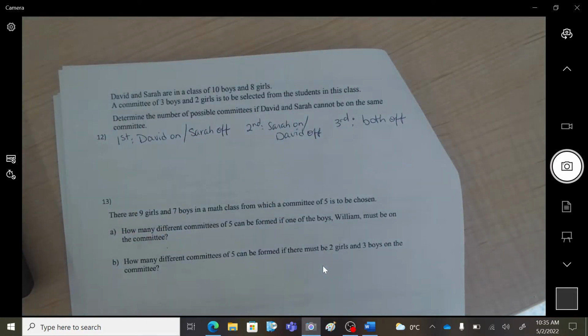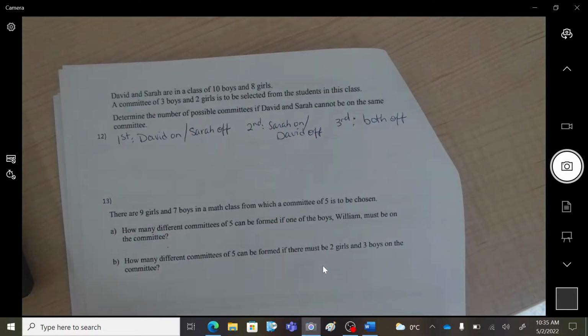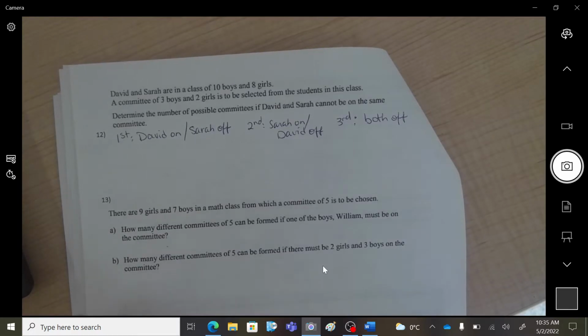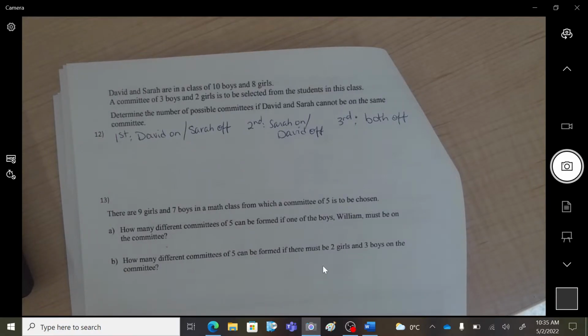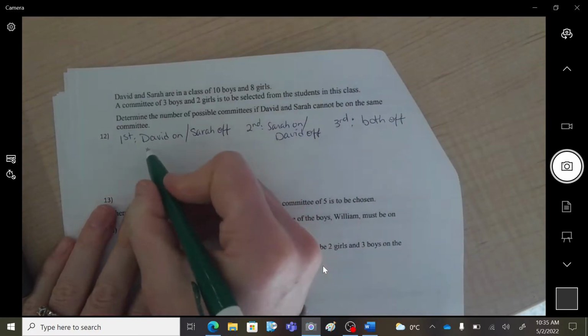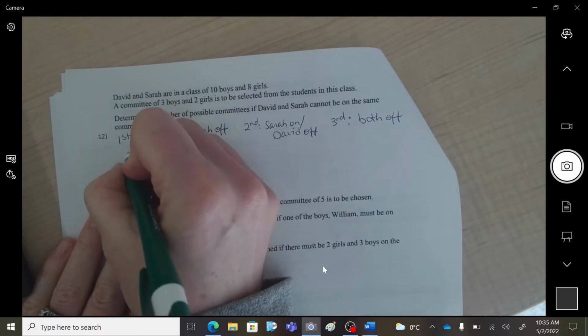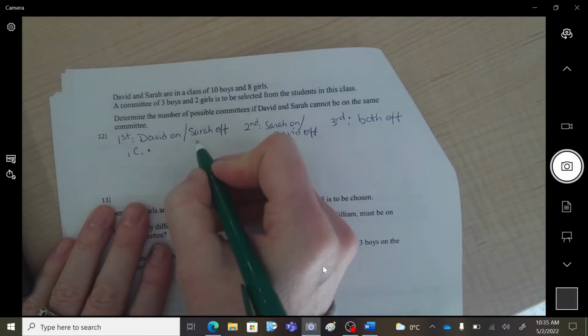Okay, so we have 4 situations, right? They could have both been on, both been off, David on, or Sarah on. So these are the possibilities if they are not both on. Okay, so David is on, so 1 choose 1.